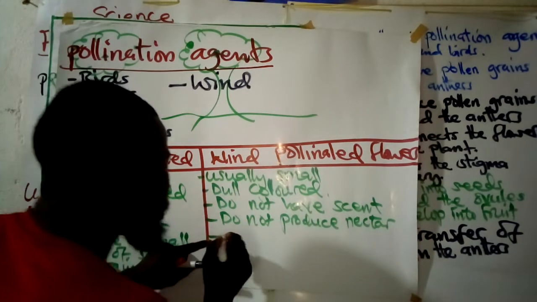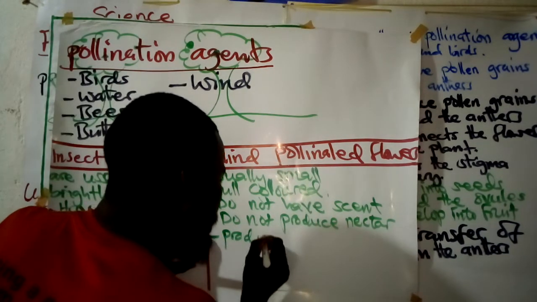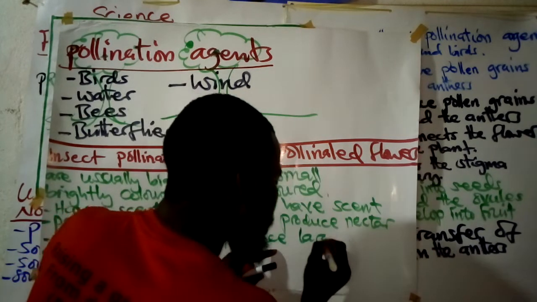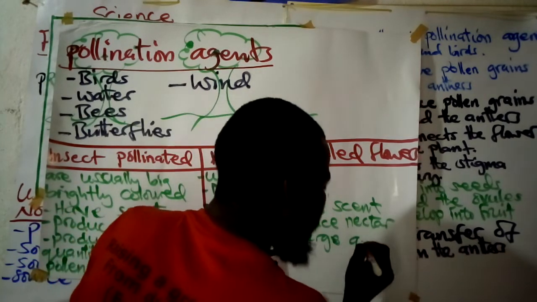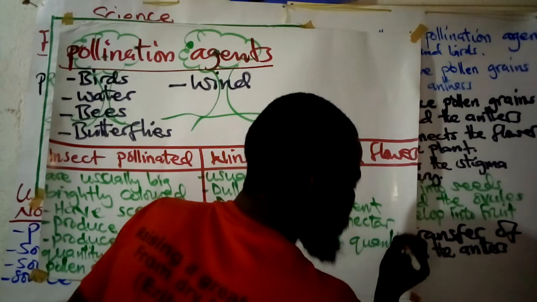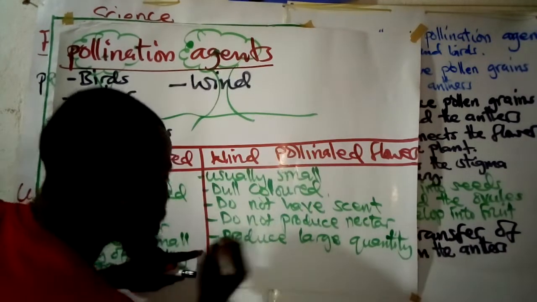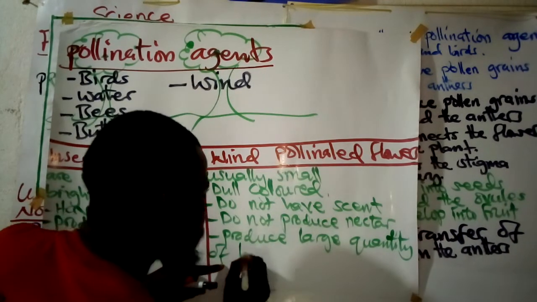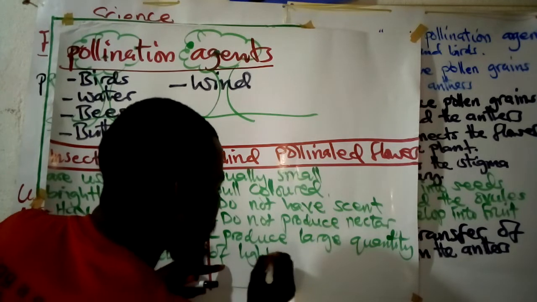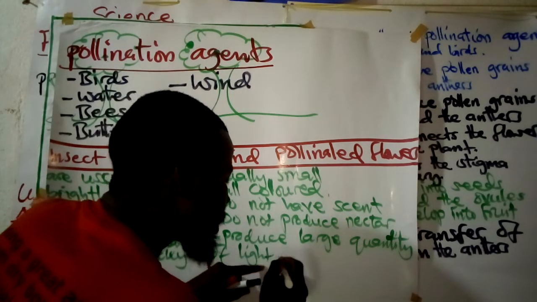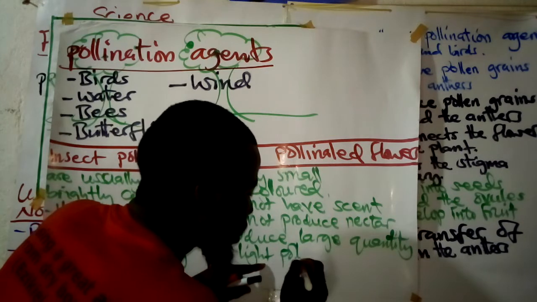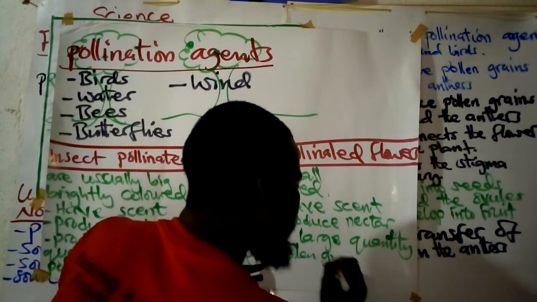Well, these ones produce large quantity of light pollen grains.